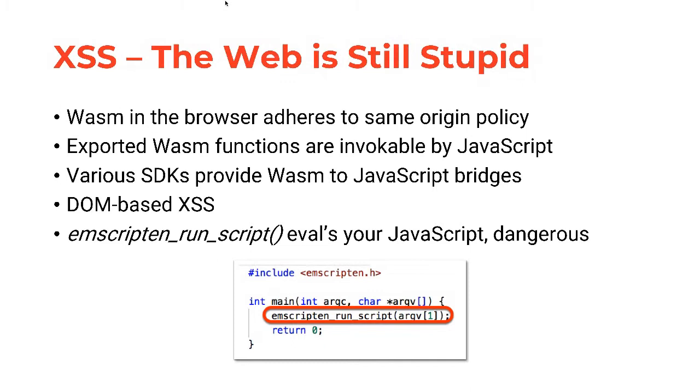In Emscripten land, this is an example of anything arbitrarily run within here is going to run JavaScript. So you can pop up your pretty alert box here. You can run something a lot more malicious. This is going to be an example of something that's going to happen at the DOM for the most part. So this is going to be something you protect against in the WebAssembly. And then also, you may want to have defensive JavaScript as it consumes data that's coming back from the WebAssembly as well.